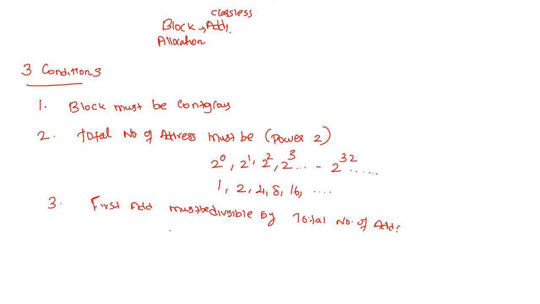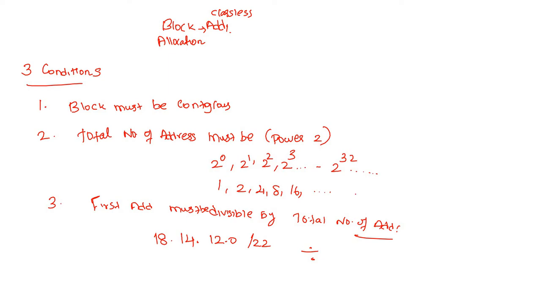For example, the first address is given like this: 18.14.12.0. This is the first address in classless notation, so obviously the prefix length must be given. This must be divisible by your total number of addresses.